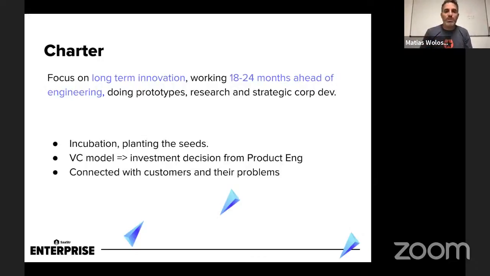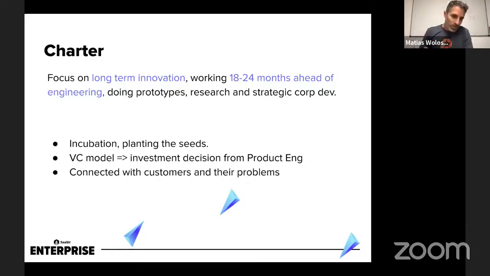And going now into, okay, now that we know where we fit in the organization, what's the charter for the team? And by the way, I have a small team. It's 4 or 5 core people. I will explain in a little bit how we incubate products, but essentially this small team is focusing on this 18+ month horizon, meaning working ahead of engineering in adjacencies and stuff that we don't have the bandwidth to look into with a core product engineering organization.